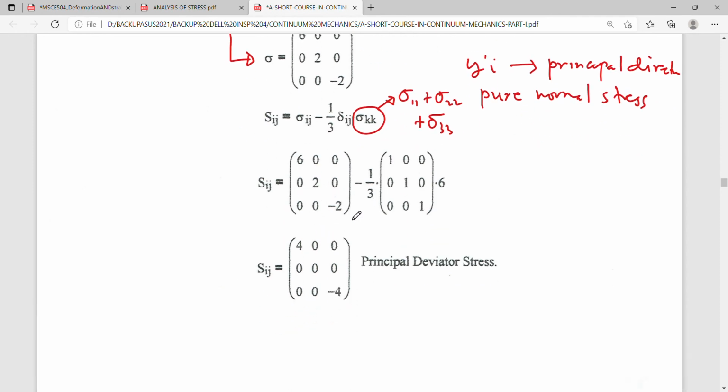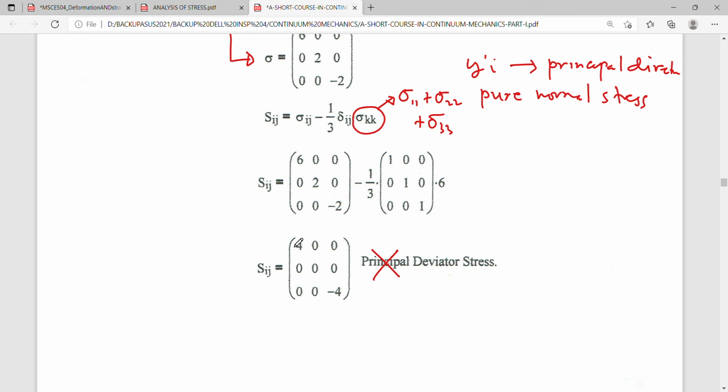And this is now your matrix values upon which, if we operate on this, you simply get this principal deviator or deviatoric stress. If this is not a principal stress tensor, you just remove the word principal there. It's a simple deviator stress. And take a look.